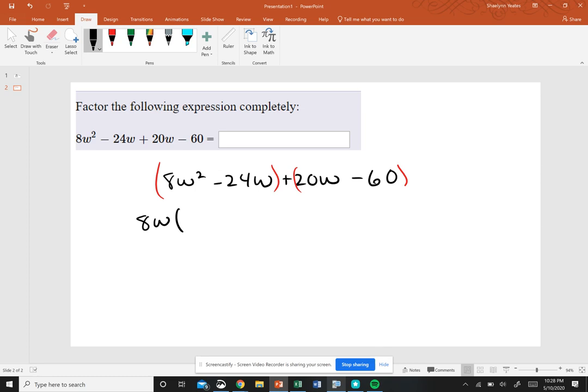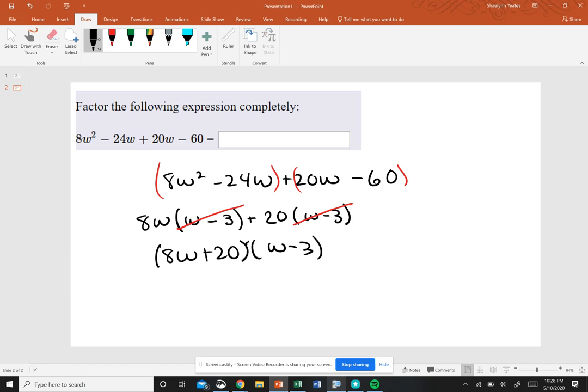So we pull an 8w out, and then what's left is going to be a w minus 3, and that's all that's going to be left in there, right? Okay, and then the second one, I'm going to pull a 20 out, and I'm going to be left with a w minus 3. So now I notice that these are in common. So now I have an 8w plus 20 times a w minus 3.